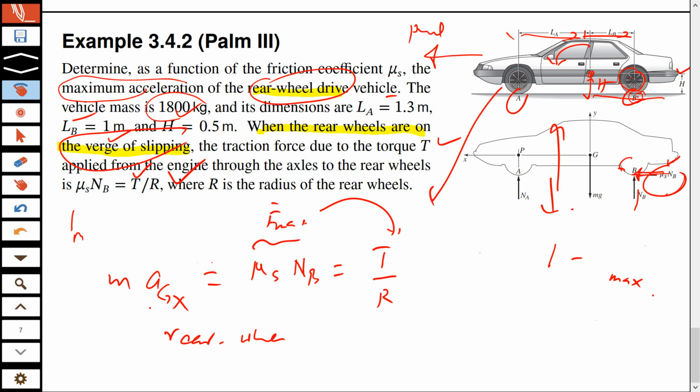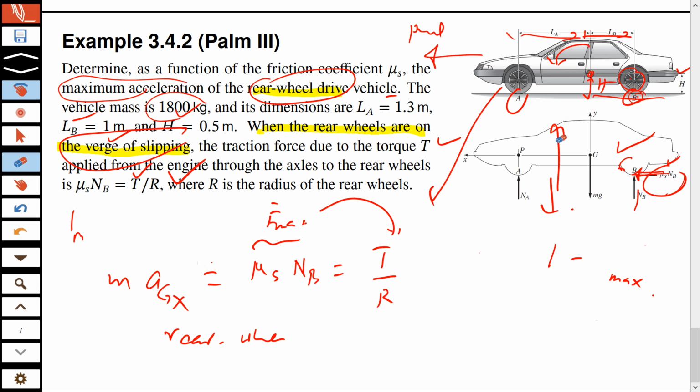ये बेसिकली ये A_Gx जो है ना, okay, because it's a rigid body so we can still go with this. Now we will write the moment equation.